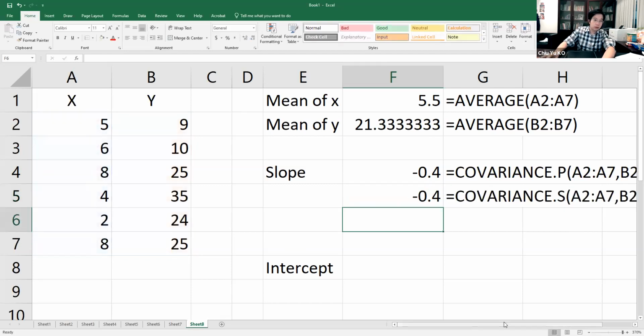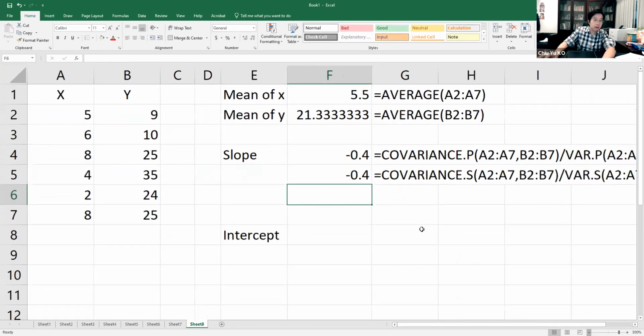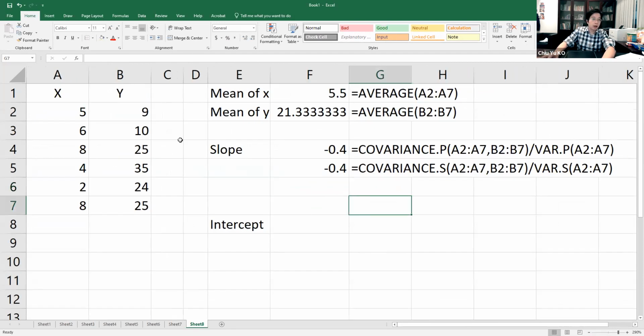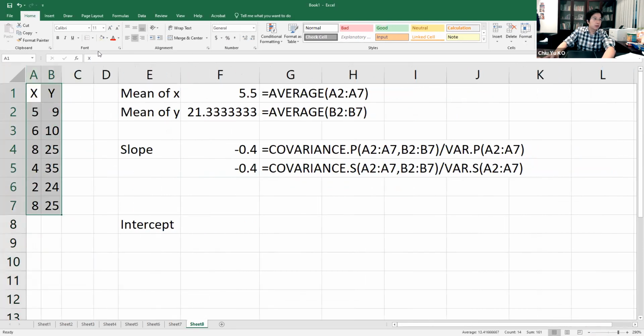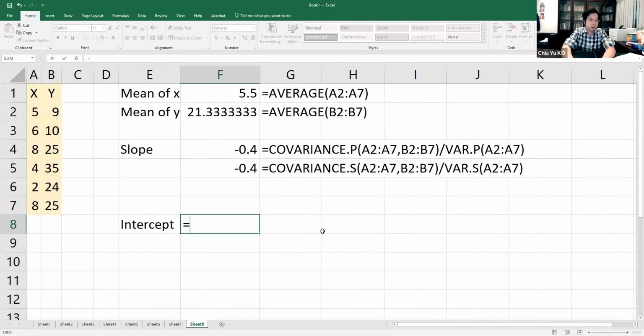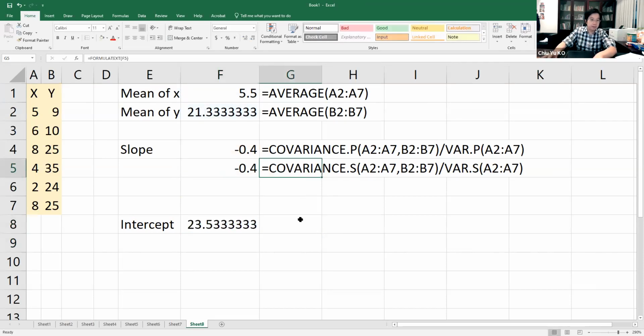So either way would do. Maybe it's less big. Okay, so that would do the job. These two are the same. And the intercept will be just y bar minus the slope times the mean of X. Okay. So that will be the intercept.